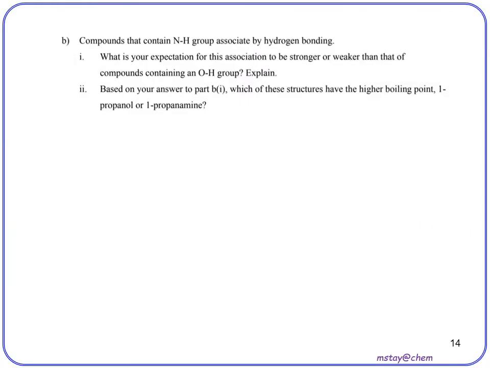Proceed to question B. Compounds that contain an NH group also associate with hydrogen bonds. So what is your expectation between the NH group and the OH group? Which one will be stronger and which one is weaker? The strength of the hydrogen bond basically depends on the electronegativity.